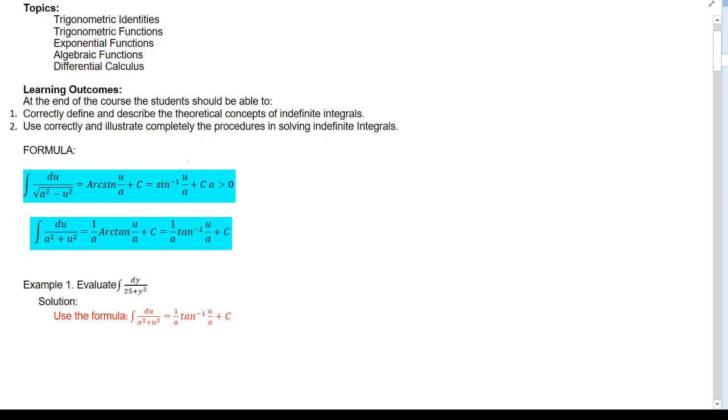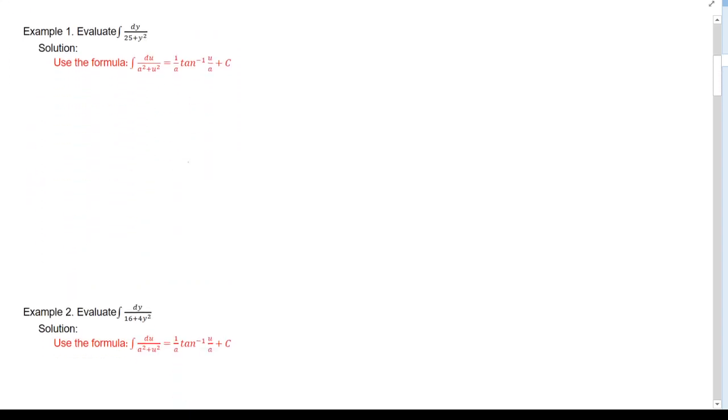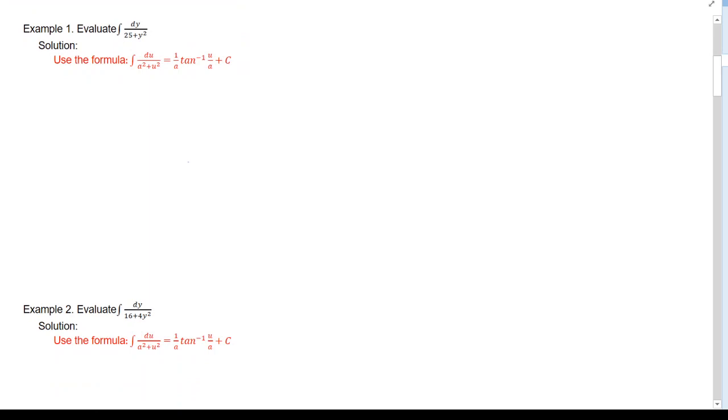Okay, so we have here example number 1. Evaluate the integral of dy over 25 plus y squared. We use the formula of the arctan, which is 1 over a arctan of u over a plus c.